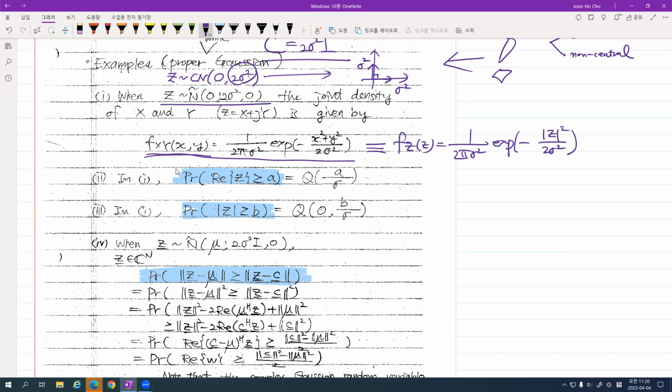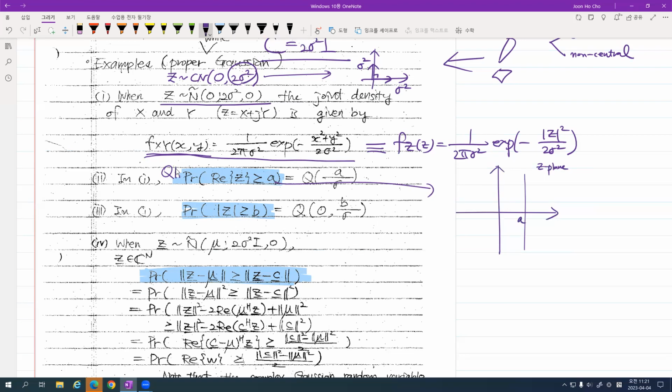Got it? So here, z is a complex number. And here goes the modulus squared of z, that corresponds to x squared plus y squared. Got it? Now, given that, the first question is to find the probability of the event that the real part of z is greater than or equal to some real number a. And whenever you see this kind of algebraic expression, you must immediately have what? So this is the z plane, and you have a here, got it?